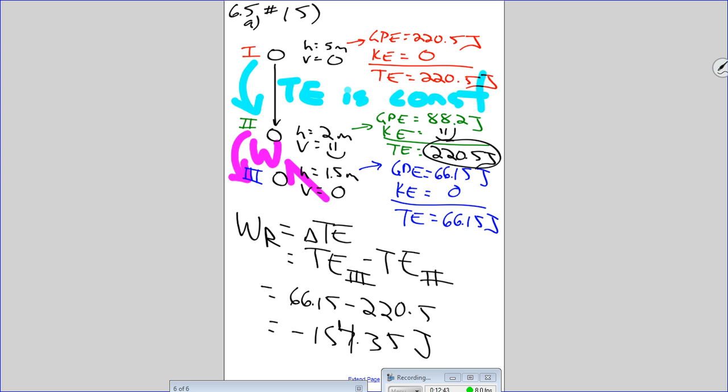Maybe the more convincing argument is this. So what this represents is the work of Roy. Question B wants to know what's the force of Roy. All right? So check it out, you guys. Force is not energy. Force is not work. They're not the same thing. All right? Force is how hard you're pushing the object. Okay?